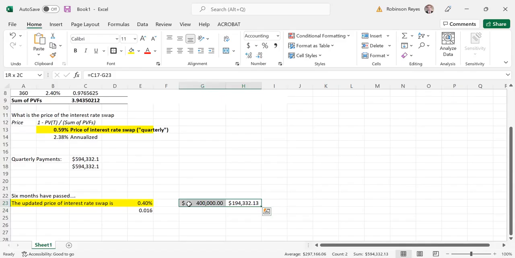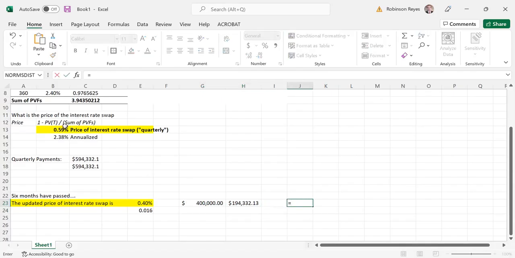Okay, so we can calculate this value here in dollar terms, or we can also calculate it in terms of rates, which is 0.59% minus 0.4%.